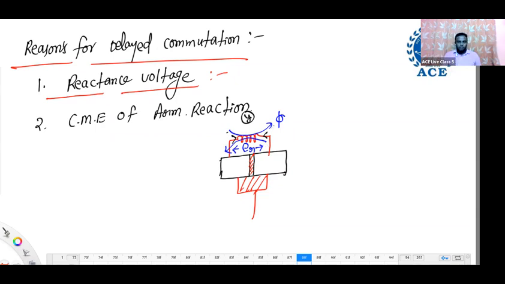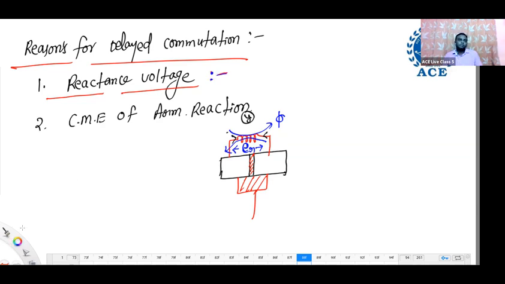Here the flux variation is positive, negative, like alternating variation. That's why the reactance voltage is a statically induced EMF. Remember this.